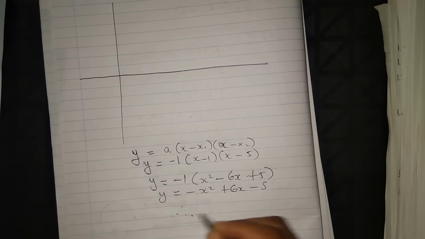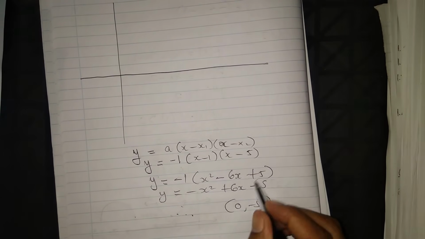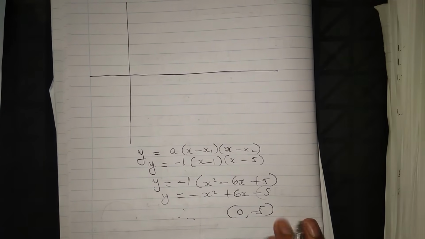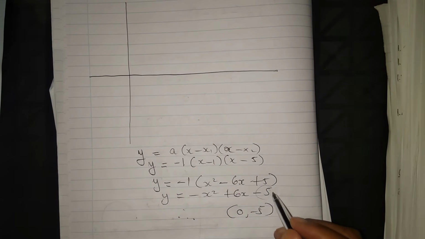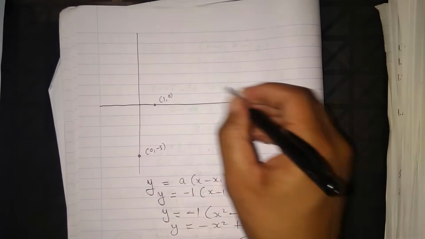So therefore my y-intercept is 0 and negative 5. The negative 5 I will simply put here, you see. This constant is my y-intercept if my parabola is given in standard form. So now 0, negative 5, and then my x-intercepts. The first one is 1 and 0.